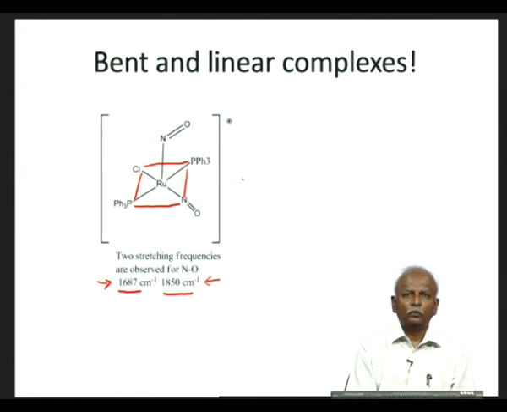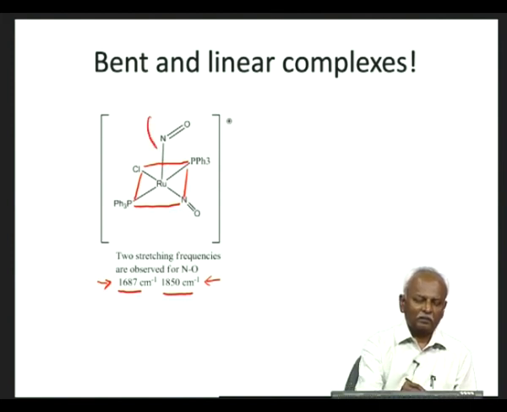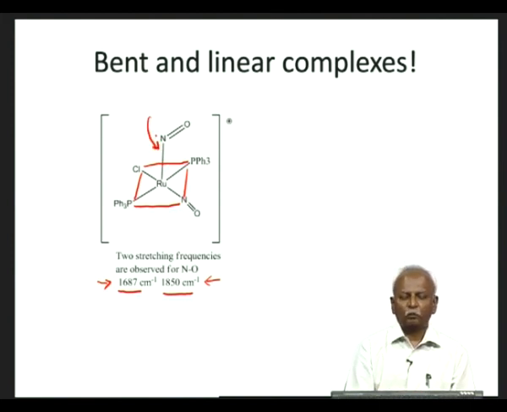Interestingly, most bent nitrosyl molecules have been found in the apical position of square pyramidal molecules, sometimes in octahedral molecules also, but we find that this bond distance is longer, and the nitrogen oxygen distances in these cases also correspond to a double bond distance or lower than a double bond distance.